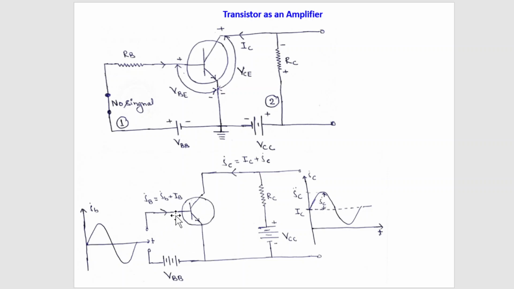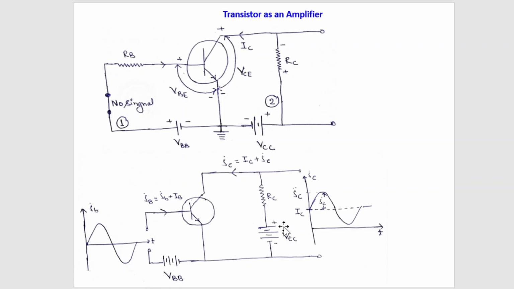So here we will call small v capital BE the base emitter junction voltage drop, and similarly collector emitter voltage drop will be called small v capital CE, and base collector junction voltage drop will be called small v capital BC.